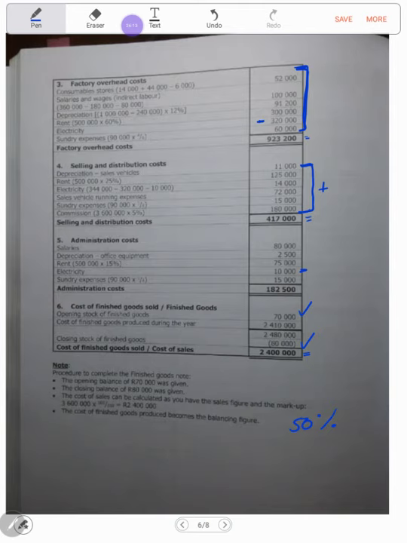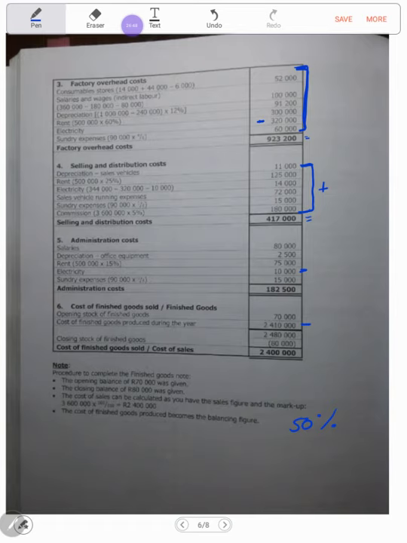And now we can basically work back in order to get the cost of finished goods produced during the year. So remember, when you're working back, things that should have been added will now be subtracted, and amounts that would have been subtracted will now be added. So 2,400,000 adding 80,000 subtracting 70,000 should give you 2,410,000.